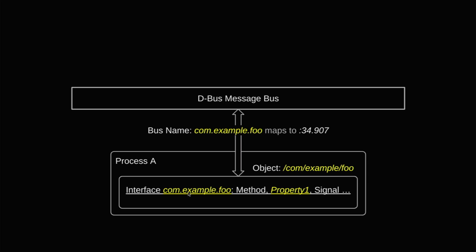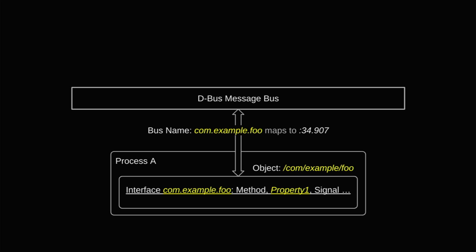It connects to the message bus with a connection, and the connection name is :34.907. It is assigned dynamically and hard to remember. So when process A connects to the D-Bus message bus, it also registers a well-known bus name, for example com.example.foo. And this bus name maps to the connection name :34.907. It's just like DNS maps to IP.